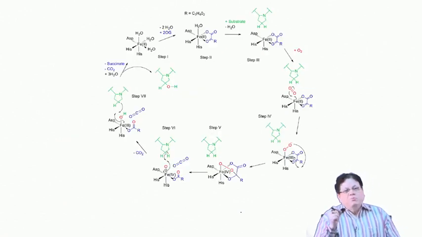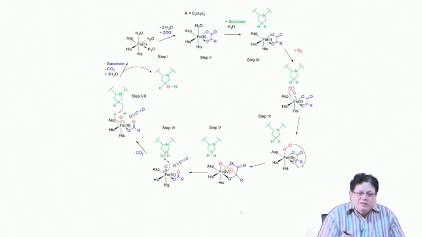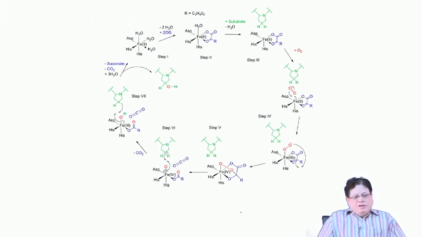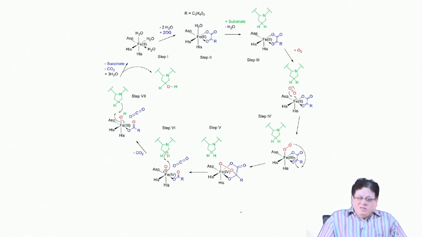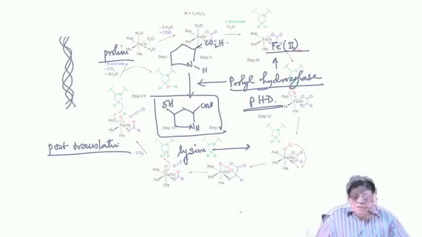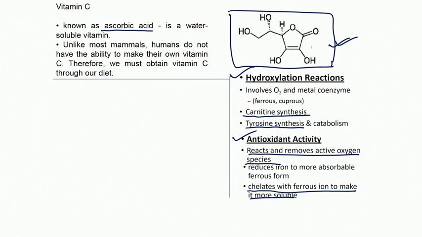What is the mechanism? Prolyl hydroxylase, as I told you, requires a ferrous moiety, iron in the ferrous oxidation state, not in the ferric. Now, to start with, vitamin C, that means ascorbic acid, is the reduced form.